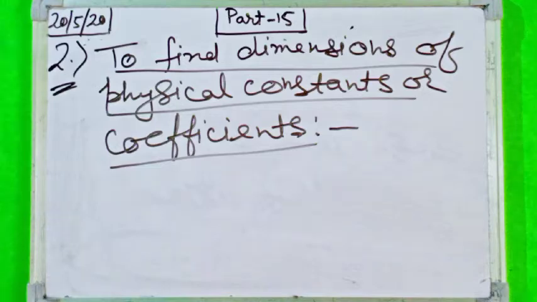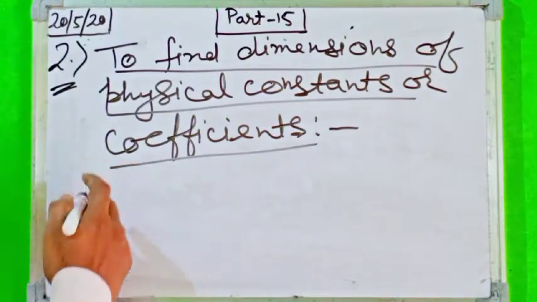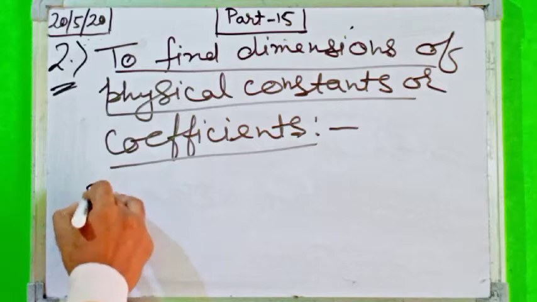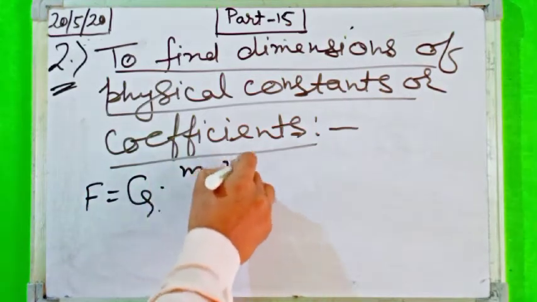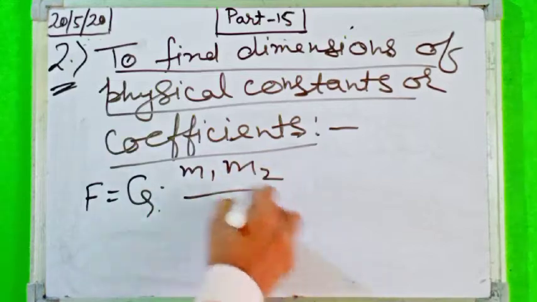So how can you find the dimension? First of all, I want to explain the meaning of physical constants or coefficients. Suppose you are writing the formula for the universal law of gravitation: force is equal to G m1 m2 upon r square.